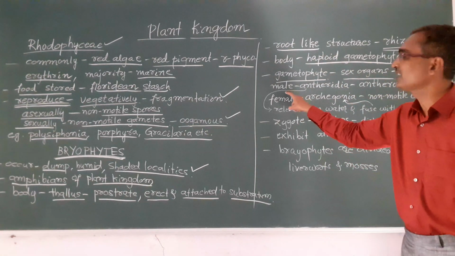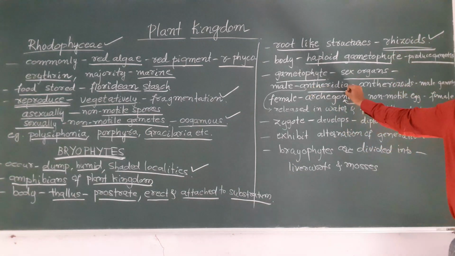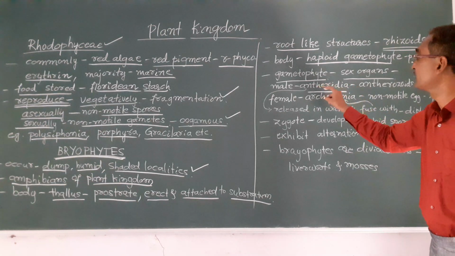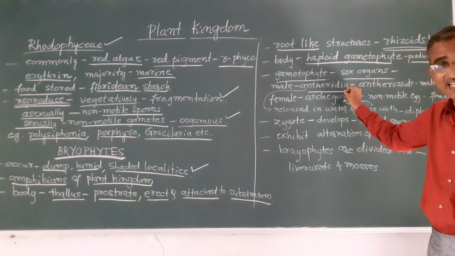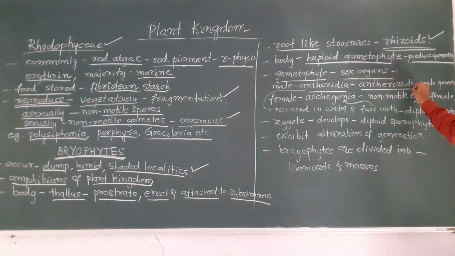Very important, remember: the male sex organ is called antheridia, and it produces antherozoids, which are the male gametes.